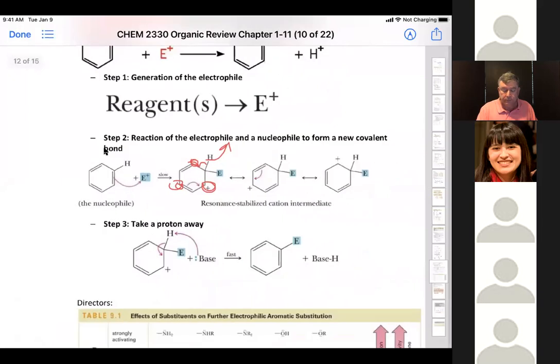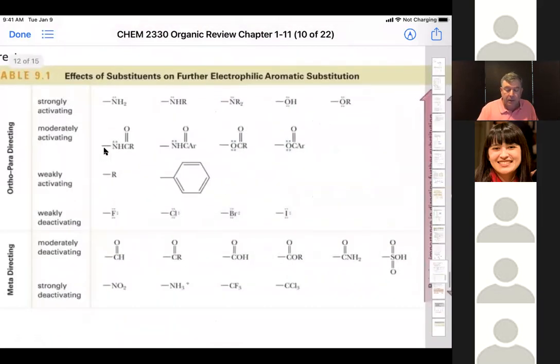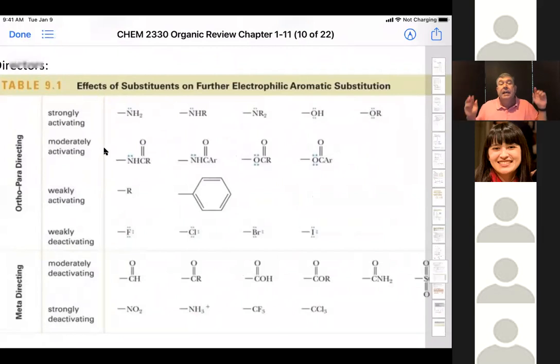So let's talk about remembering activators and directors. The general theme is if it has a lone pair, it's strongly activating and an ortho para director. If it has a lone pair but a slightly electron withdrawing group on it, these carbonyls here, it's still an activator, not as strong, and still an ortho para director.